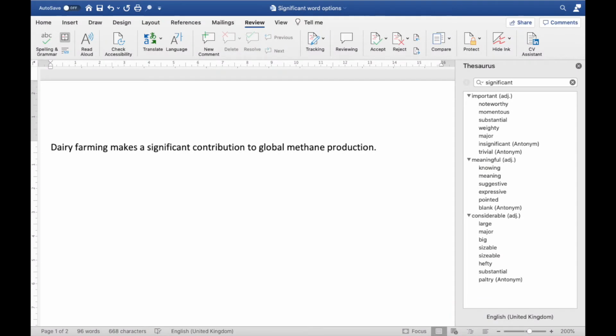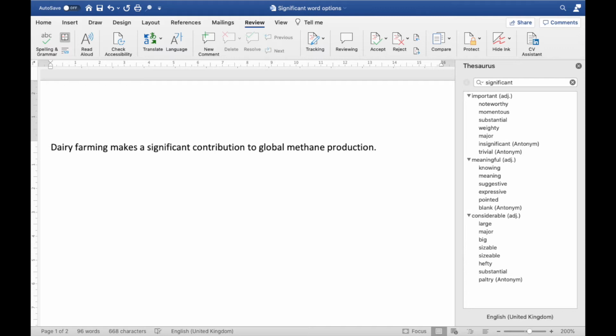So what I've done is I've taken that sentence, dairy farming makes a significant contribution to global methane production, and then in Word I've asked it to suggest alternative words for significant. And now I'm going to talk through which ones I would use and why and where, and which ones I would also not use and why.